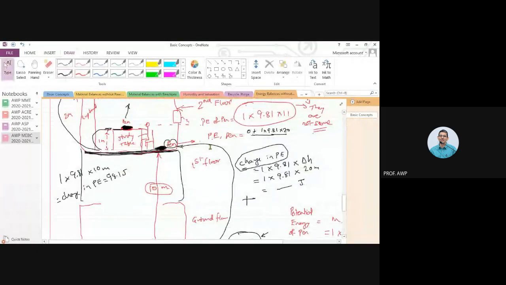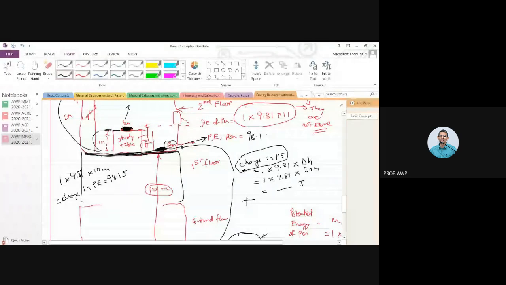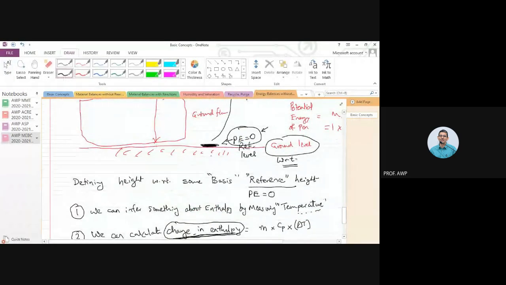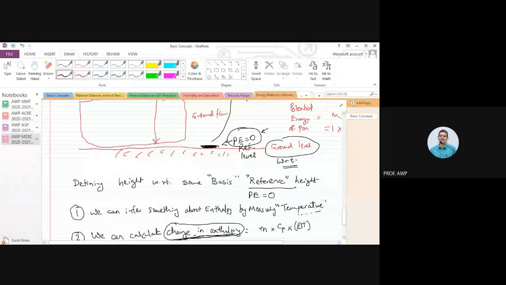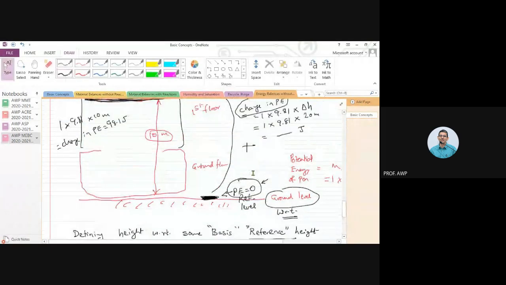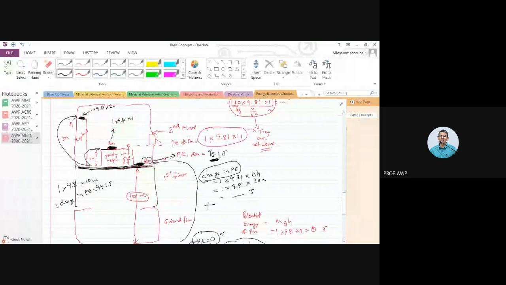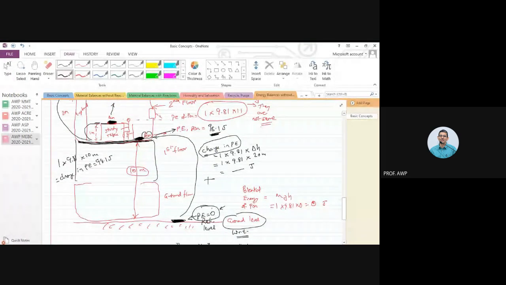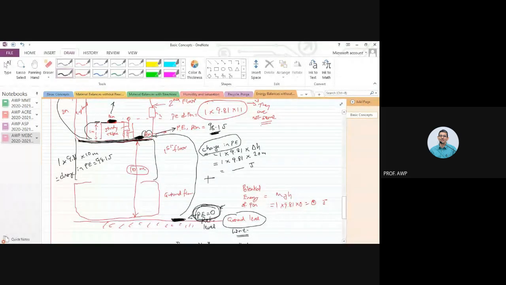So we are saying that the potential energy of the pen at this location is 98.1 joules. That 98.1 joules is with respect to this reference. We have put a value on potential energy, but that value we have put in by saying that my potential energy is 0 at this location, the reference condition. Do you agree?